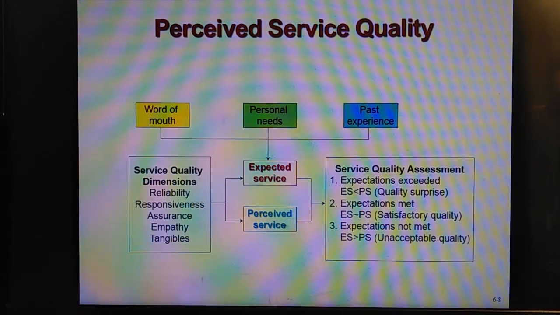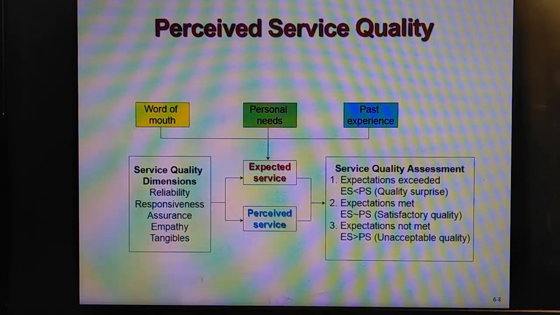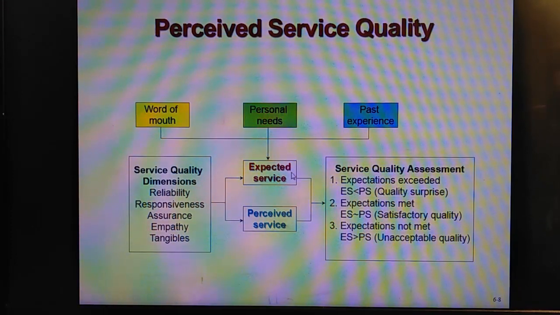Next, how to survey, how to get a good perception of service quality from the customer. Here it is highlighted that perceived service quality considers a few perceptions. One is word of mouth, which means you heard the service quality is good from your friends, or your relatives, or anybody who has gotten the service previously.